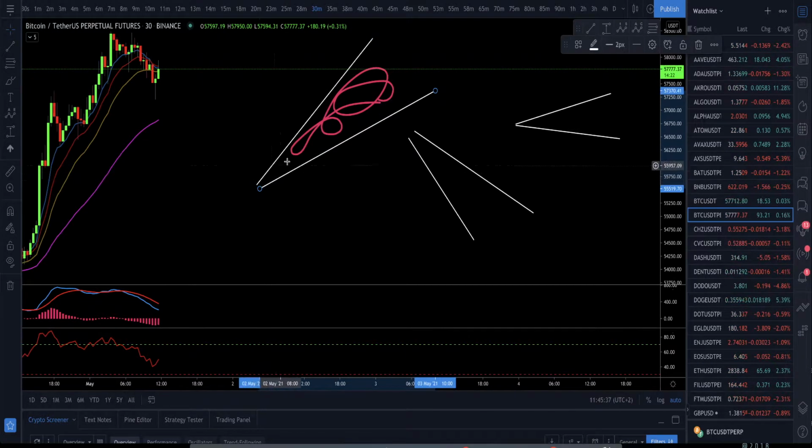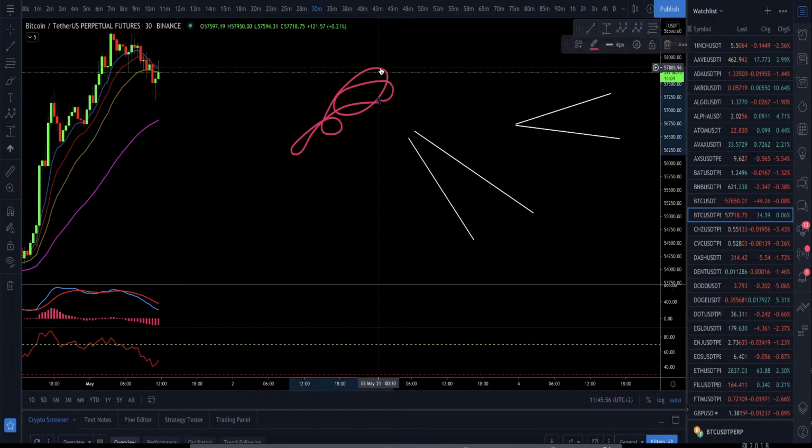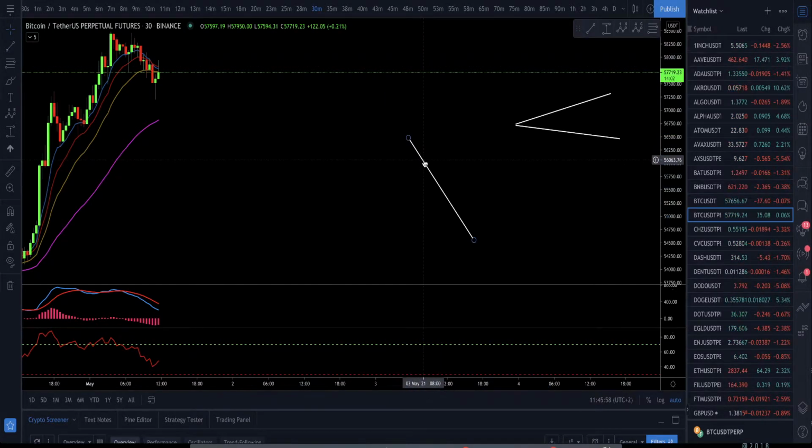So all you need to do is, most likely it will come down and be rejected at the trend line here. But to enter the trade, this will help a lot along with RSI or Elliott waves. So let's go check how we can use this in the markets.